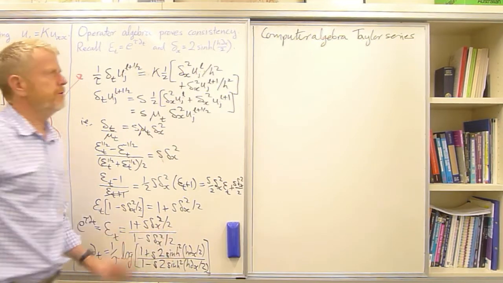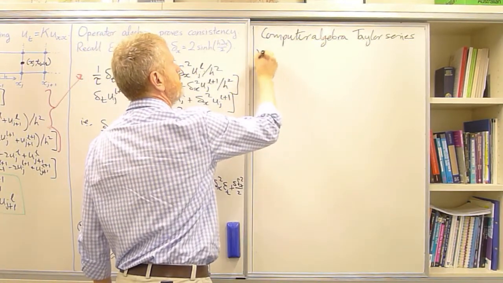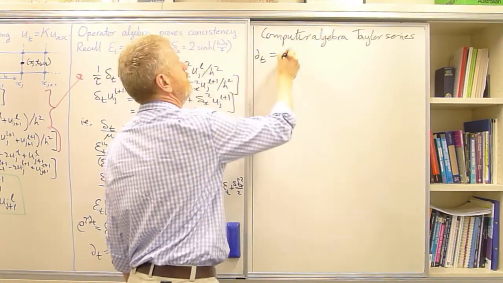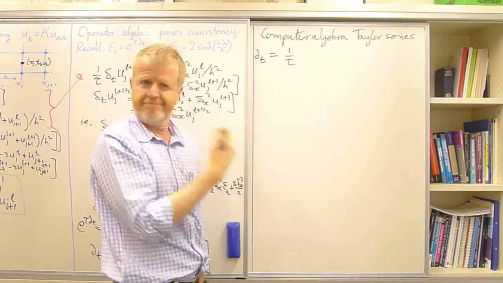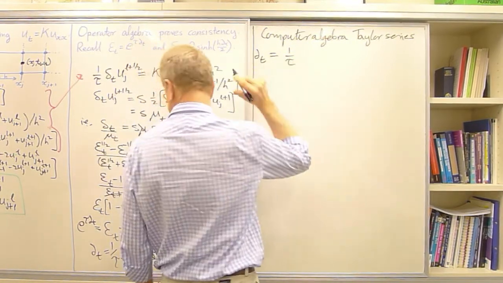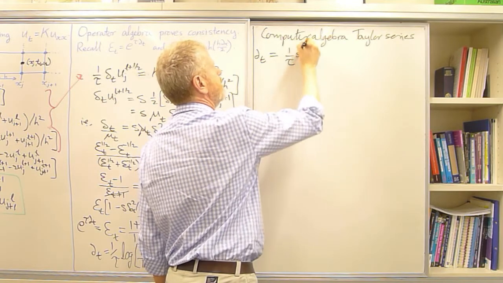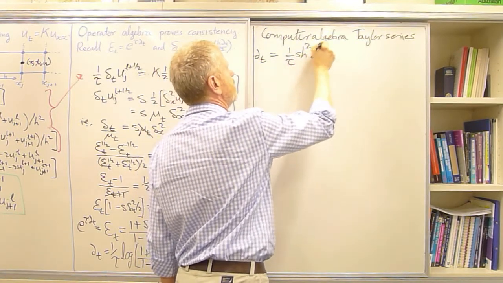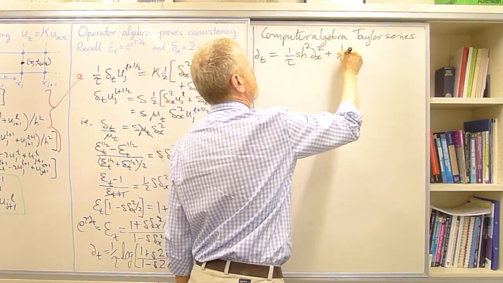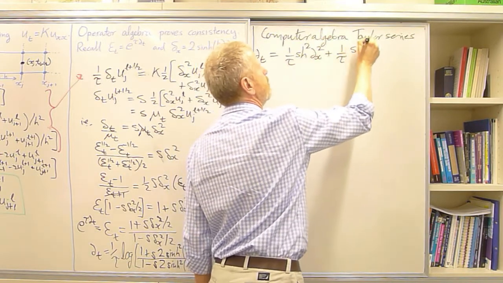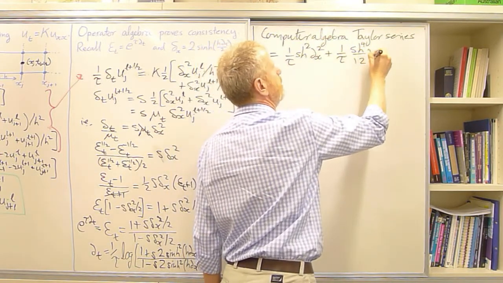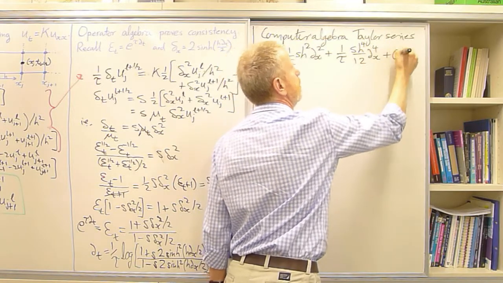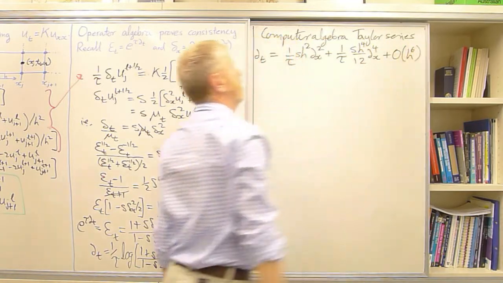And what you find upon computing the Taylor series on the right-hand side is the following: it's 1 over tau times s h squared d by dx squared plus 1 over tau times s h to the 4th over 12 d by dx to the 4th plus order h to the 6th.